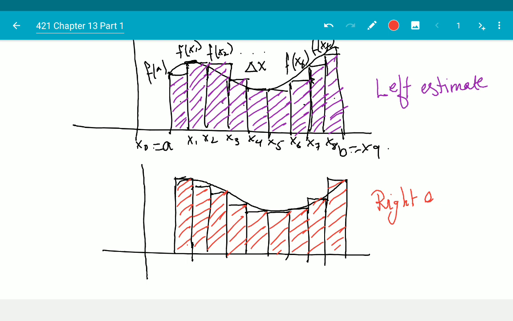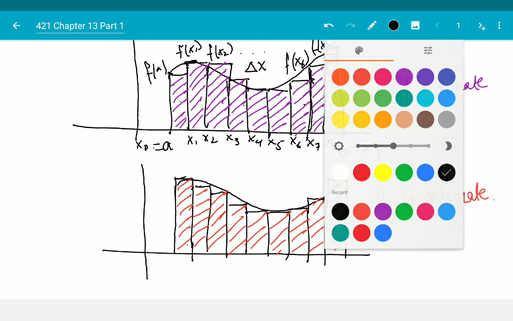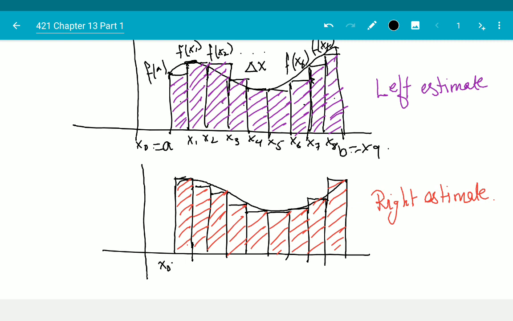Right estimate. And that's terrible. I have no good way of figuring out if my left estimate is bigger or right estimate is bigger, and so on.